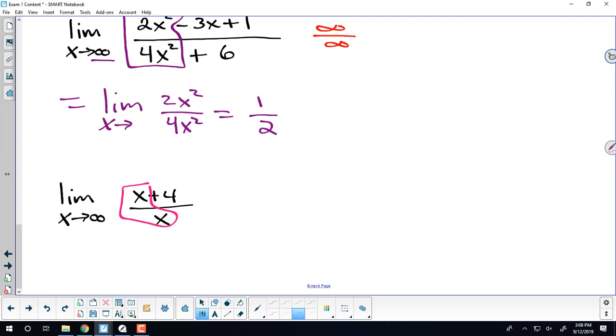And then it's just 1, right? And all of these are discussing horizontal asymptotes, right? What would the horizontal asymptote be? At y equals 1. Yes, horizontal asymptote at y equals 1. This is a horizontal asymptote at y equals 1/2. Is that helpful?